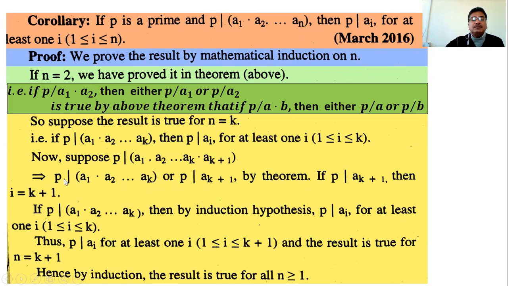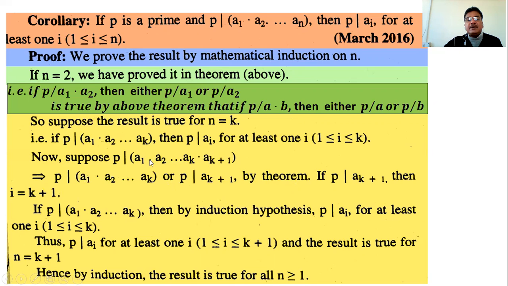So how do we prove it? P divides A1, A2, up to Ak plus 1 implies P divides A1 times A2 times up to Ak, or P divides Ak plus 1, by using the above theorem, Euclid's lemma.